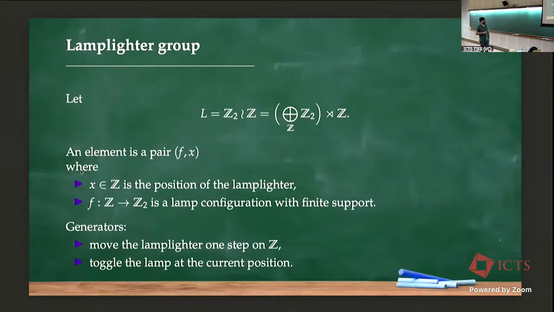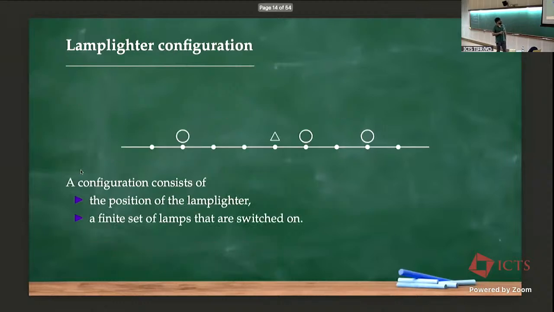The generator says, move the lamplighter one step on Z, on the lattice. It doesn't have to be Z. You can also think of another graph, or Z^d if you prefer, but the simplest one is the one-dimensional lattice. This already is non-trivial. And it toggles the lamp at the current position. Basically, that's the picture.